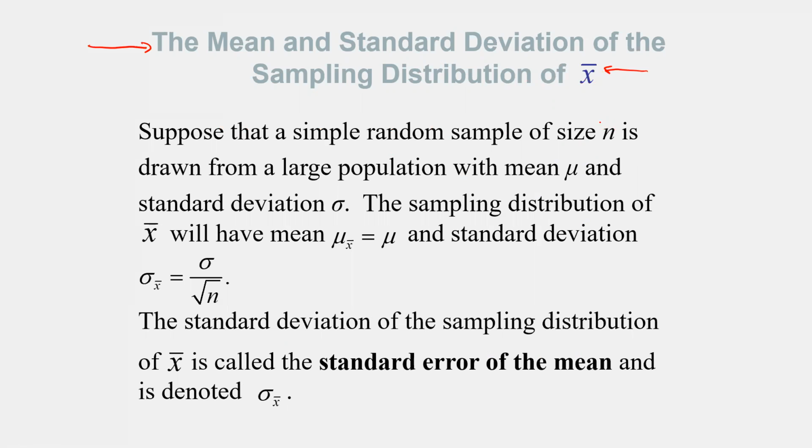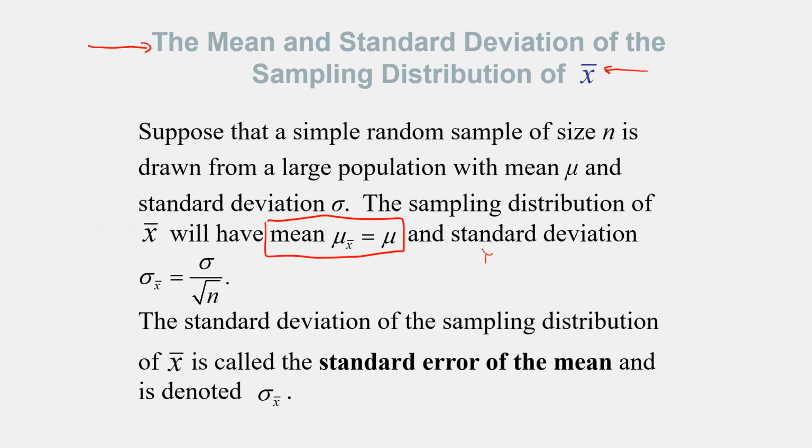Suppose a simple random sample of size n, like we did in the previous examples of size 5 or size 20, is drawn from a large population with known mean mu and standard deviation sigma. The sampling distribution of X bar, so the sampling distribution of the sample means, will have a mean, which we denote as mu sub X bar.